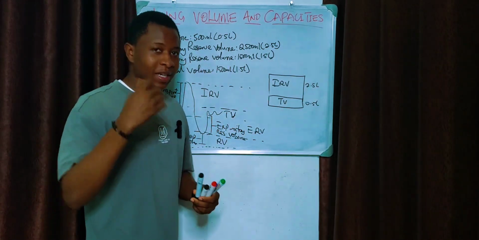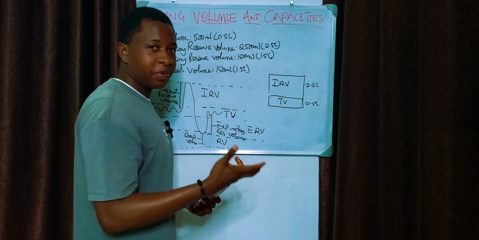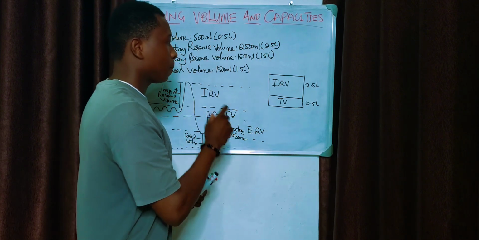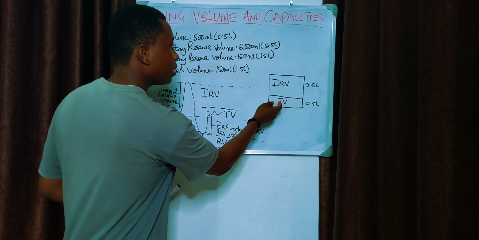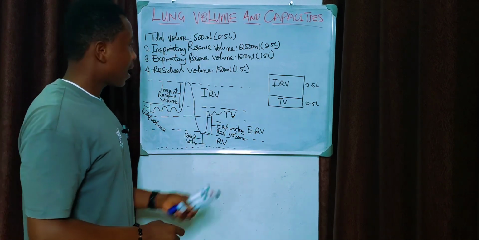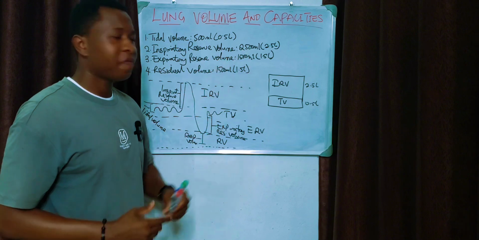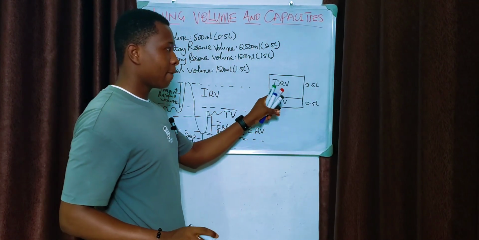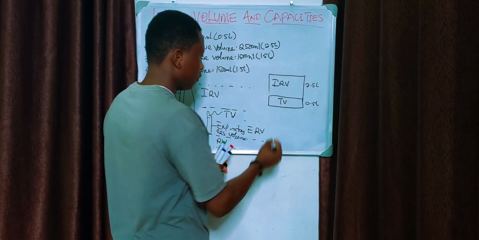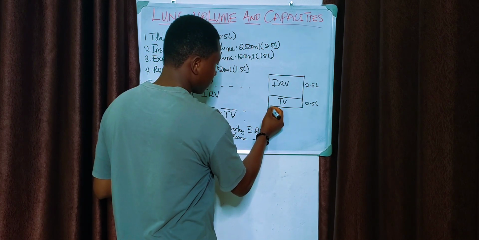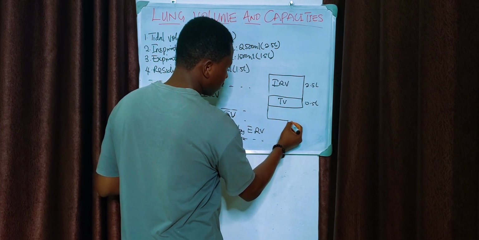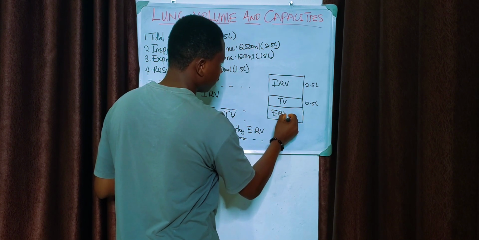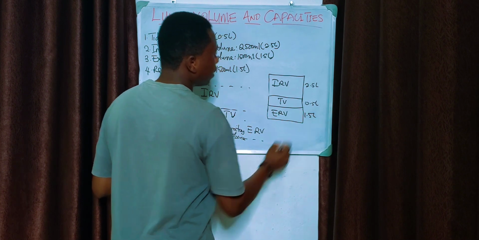And the next thing that happens is expiration. So the expiratory reserve volume will be placed under the tidal volume, and the expiratory reserve volume is 1.5 liters. So it will be bigger than the tidal volume, but less than the inspiratory reserve volume. Let's assume this is the expiratory reserve volume, which is about 1.5 liters.